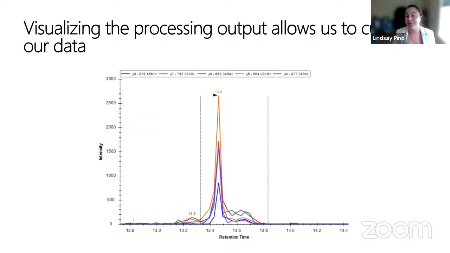And this is why. This is a screenshot from Skyline looking at a chromatogram. So retention time on the x-axis, the time the peptide is eluting off of the liquid chromatography column, and then the intensity that is measured by the mass spectrometer. Each one of the colors is a different transition for this one peptide.